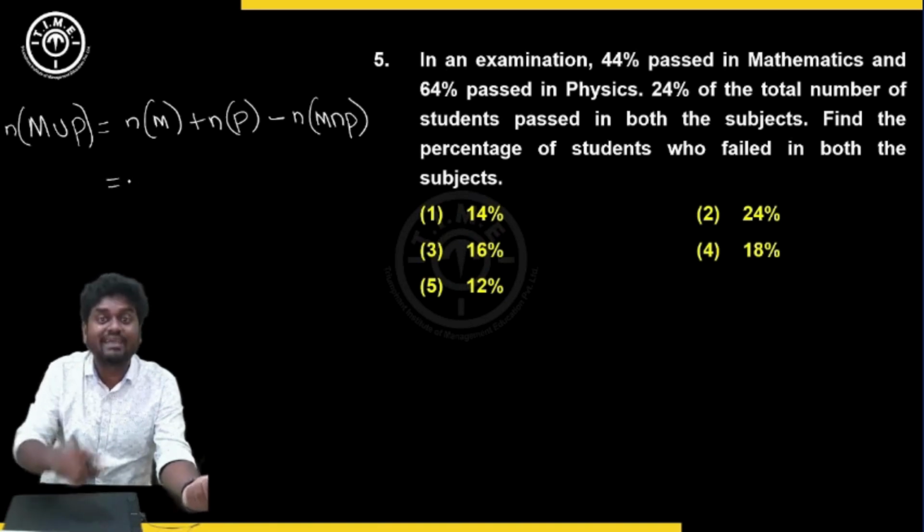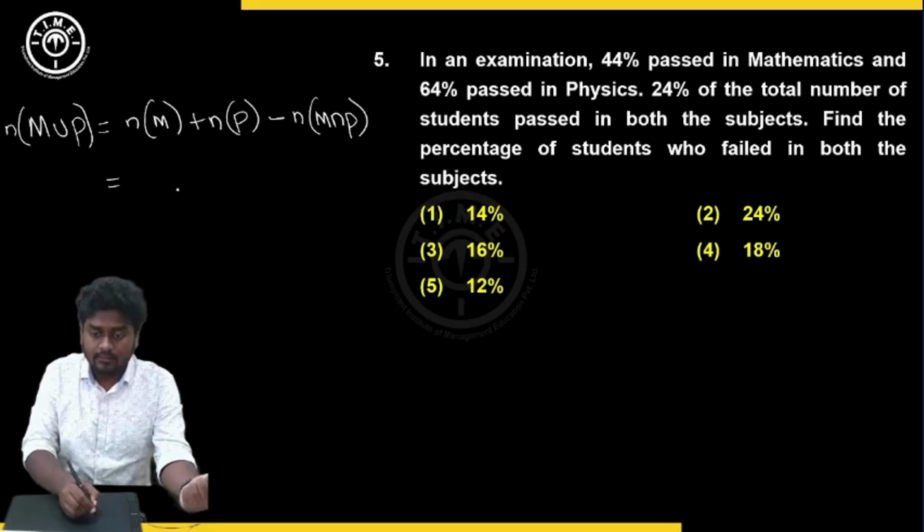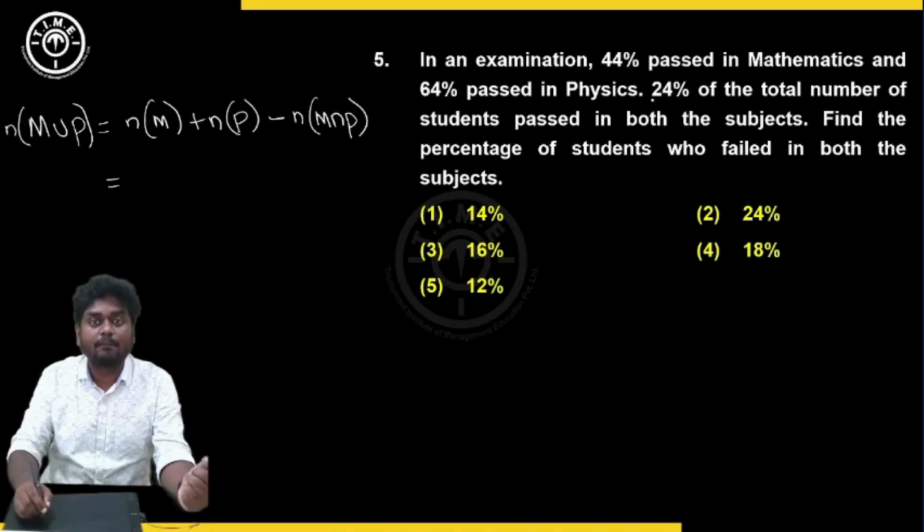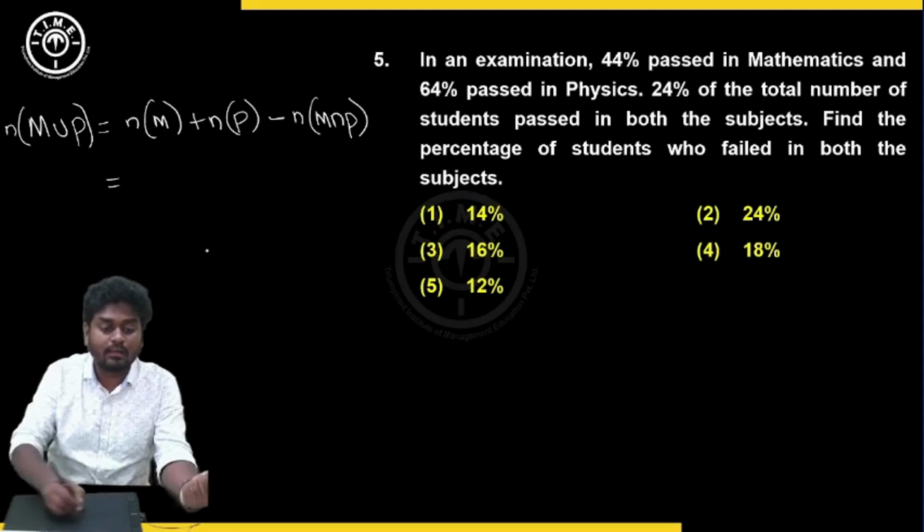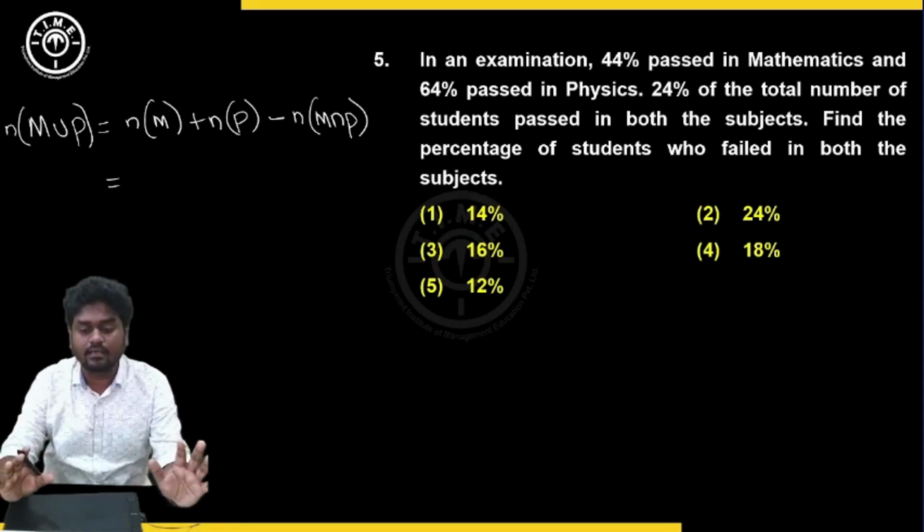We call this the base theorem also, right? So here, M union P, maths union physics, is the count of how many people in total passed the examination in the class.